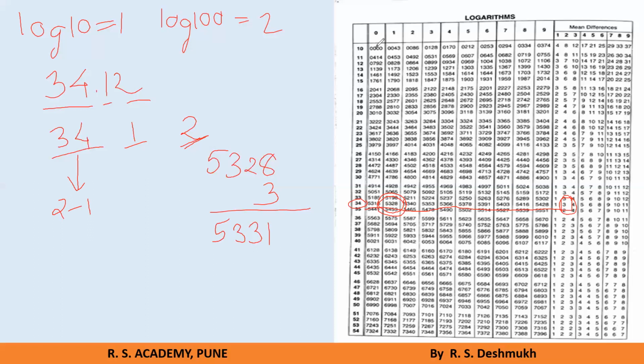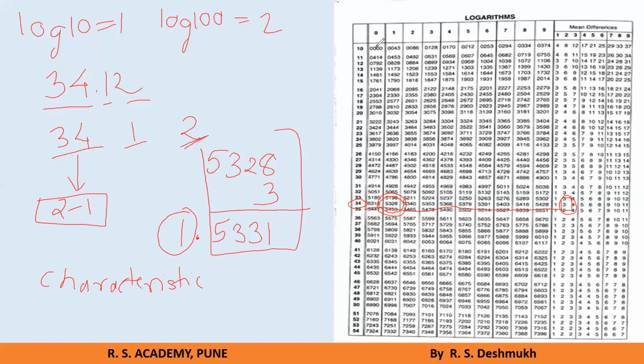So 2 minus 1 is equal to 1. So I say it is 1.5331. There are two parts of the log. This is the one known as the characteristic, and thereafter the characteristic is always followed by a decimal, and on the right side the value I found here, 5331, is known as the mantissa. So there are two different parts: one is the characteristic and the second one is the mantissa.